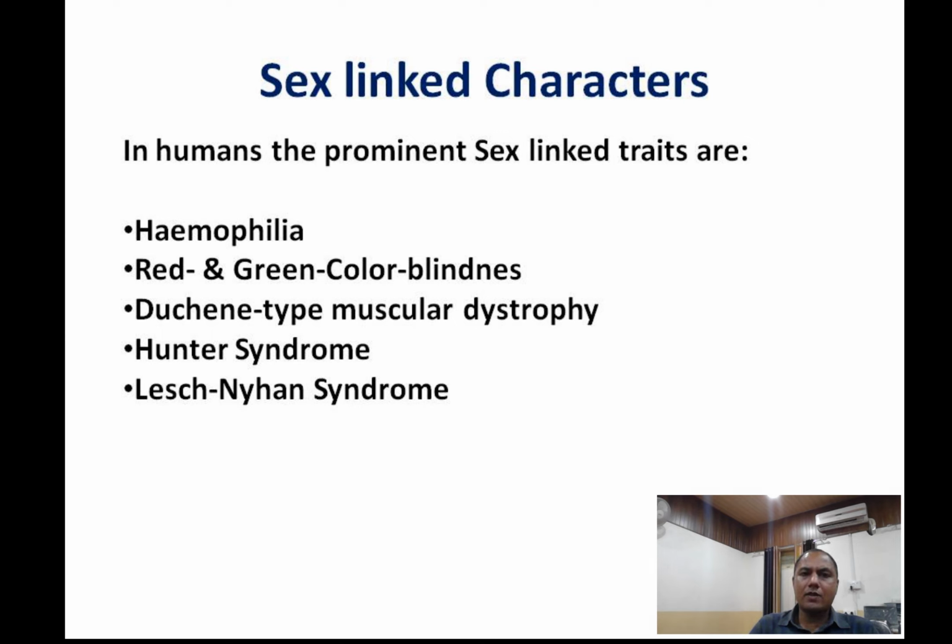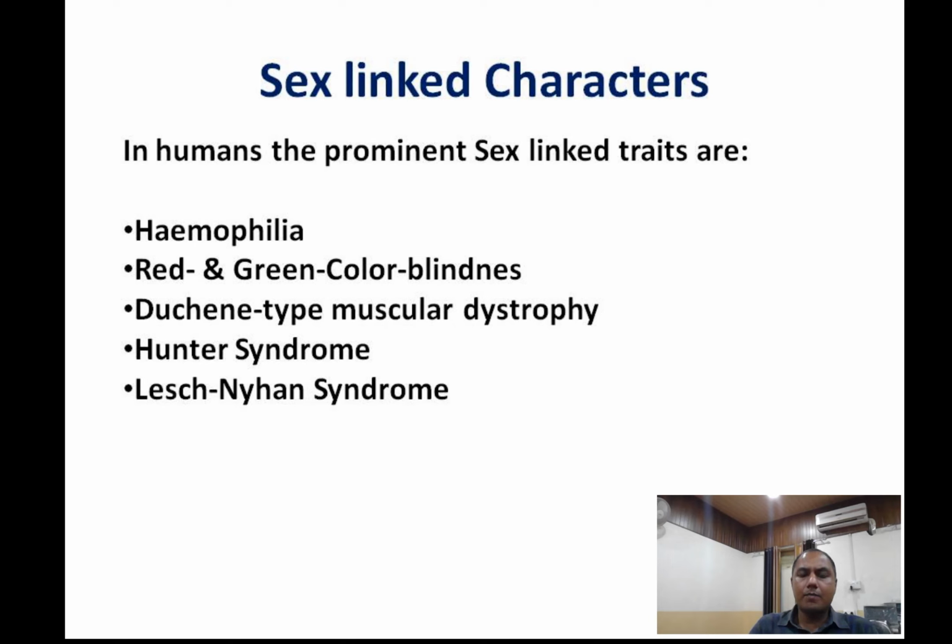It is a kind of muscular dystrophy in which the muscles are not working well, and it is also a sex-linked character. That means all these are following the crisscross inheritance pattern. And we know very well that hemophilia, as well as color blindness, as well as Duchenne type muscular dystrophy, have a higher frequency in males than in females.